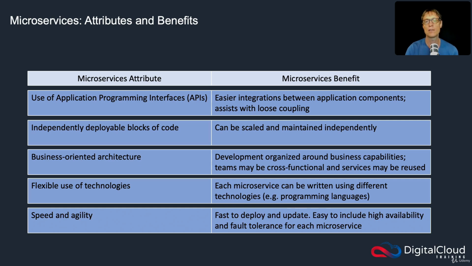But the key thing to remember is that what you want to do when you're architecting your application is look for ways that you can have the flexibility you need, that you can separate the components of your application such that they can scale independently, that you can add high availability and fault tolerance, and you want to make sure you avoid having that kind of single point of failure where if one application component fails, it cascades to the other application components. And microservices is one example of an architectural pattern that you can use that really assists with that.